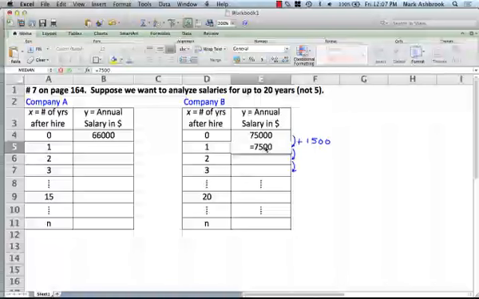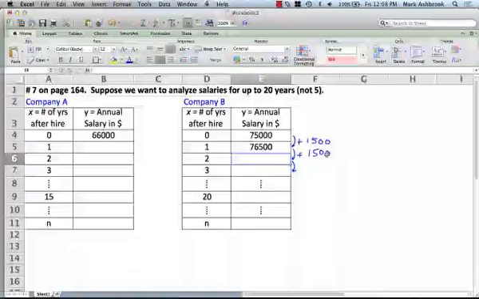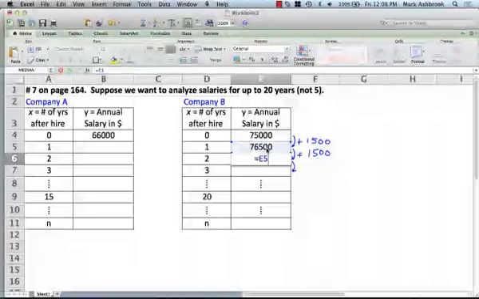It has to be 75,000 plus 1,500, right? 76.5. Next year. We're going to take the one from before, equals the previous year, and add 1,500.